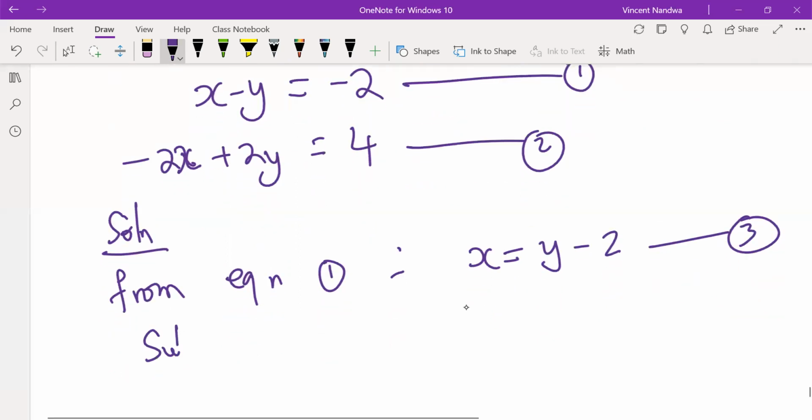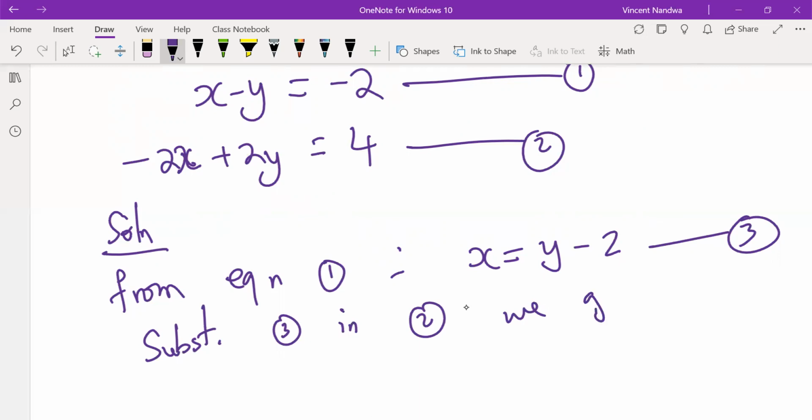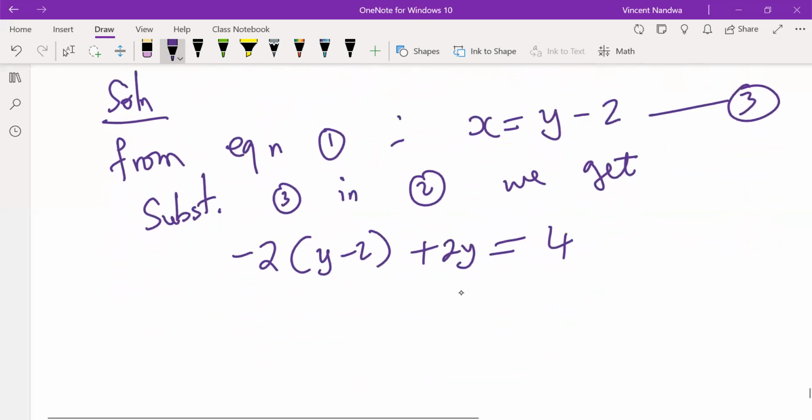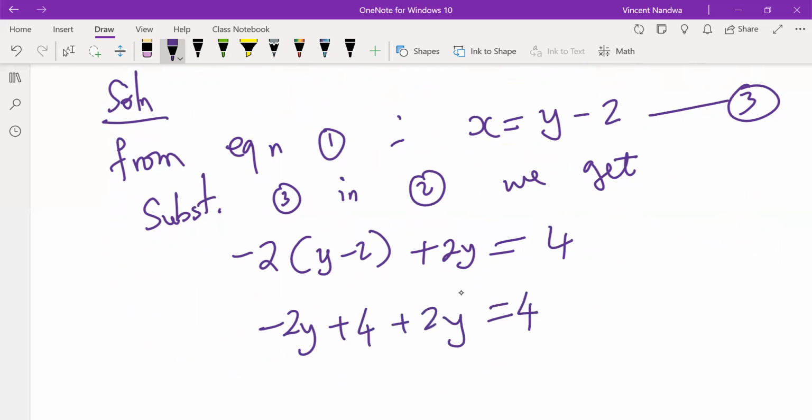Now, substituting 3 in 2, we get minus 2 times (y minus 2) plus 2y equals 4. Opening brackets, minus 2y plus 4 plus 2y equals 4.